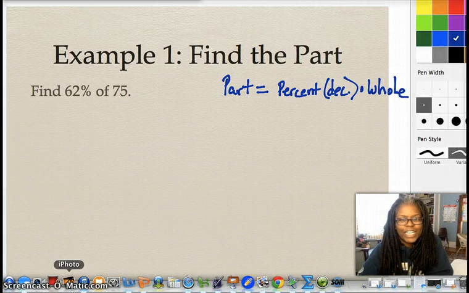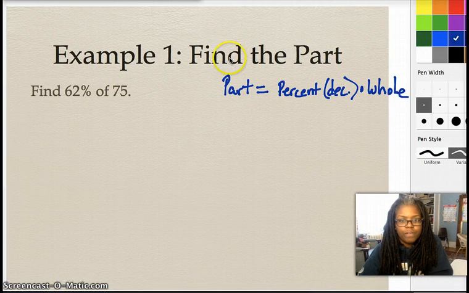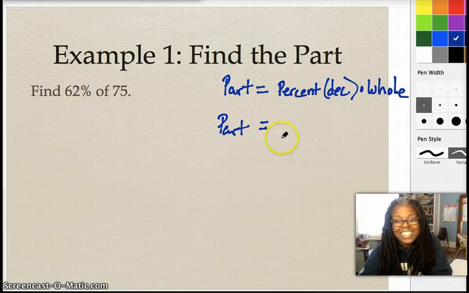So let's take a look at our first example. Example 1, find the part. Remember, we're using this relationship: part is equal to the percent in decimal form times the whole. When I take a look at this problem, I have find 62% of 75. So I'm looking for a part. I'll leave the word part here, or I could use x or some other variable, and that's equal to 62% written as a decimal. So I'll write 0.62.